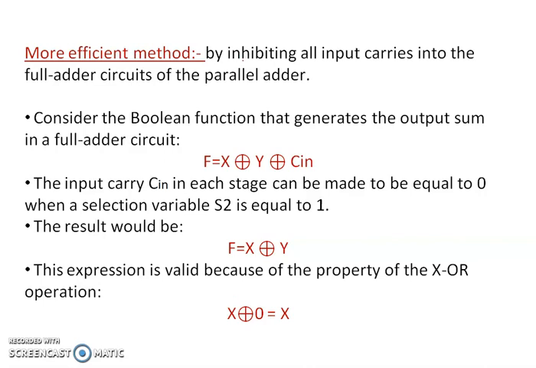A more efficient method is inhibiting all input carries into the full adder circuits of the parallel adder. Consider the Boolean function that generates the output sum in a full adder circuit. That is how this is being implemented.